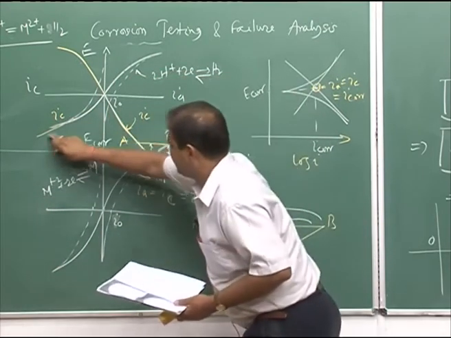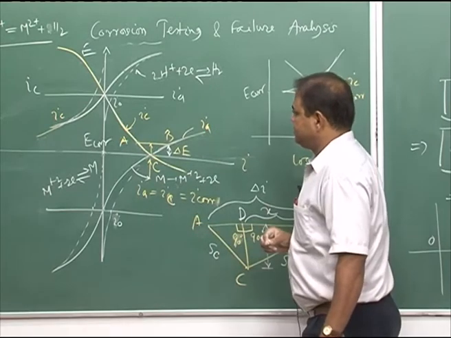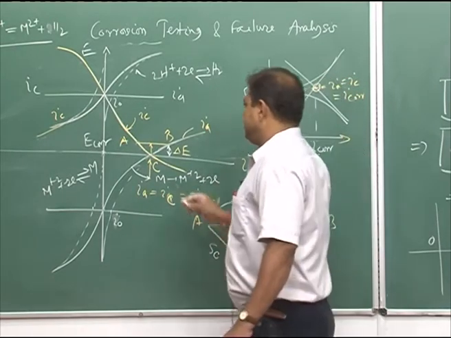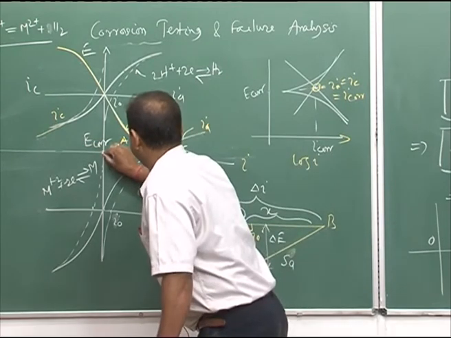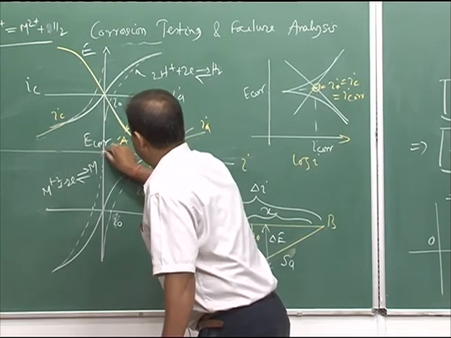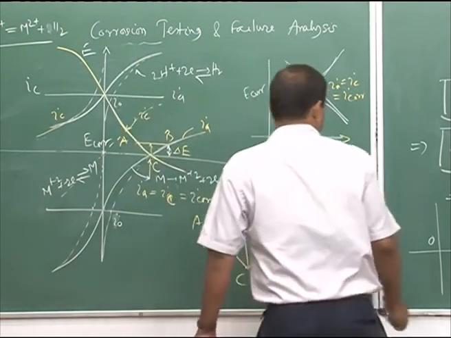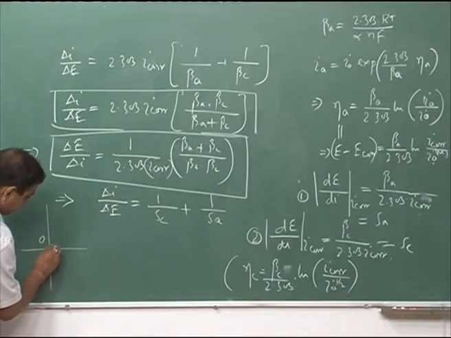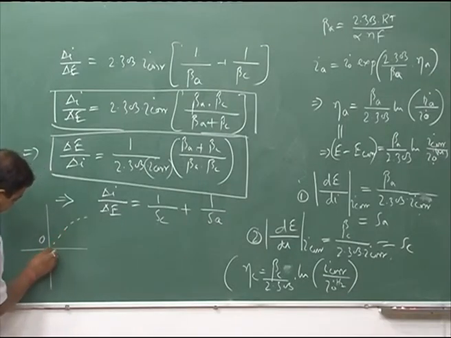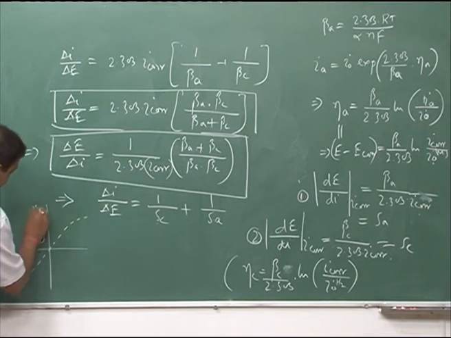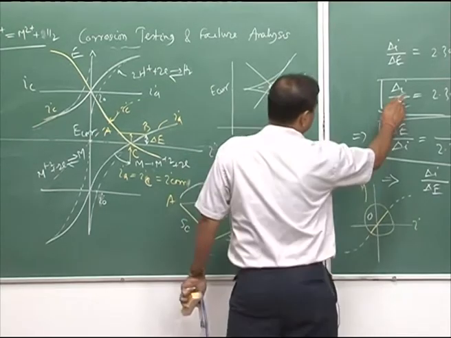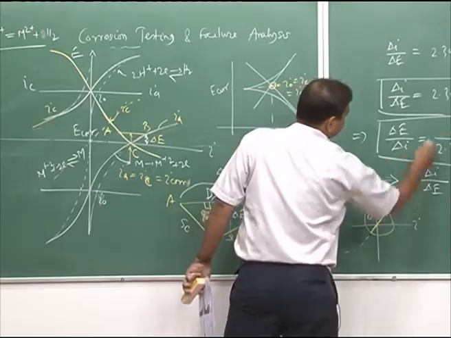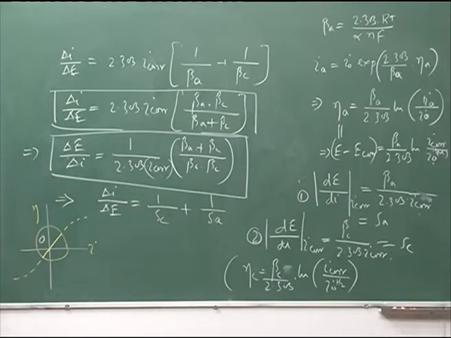Then we can find out a plot like this, and at the small over voltage, this is this line, we can find the slope del E by del I, and from this expression we find out what is the I corr.